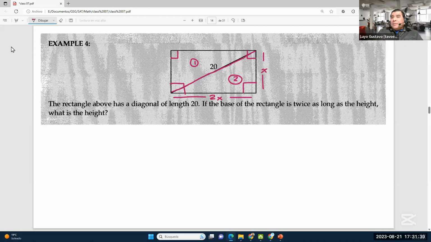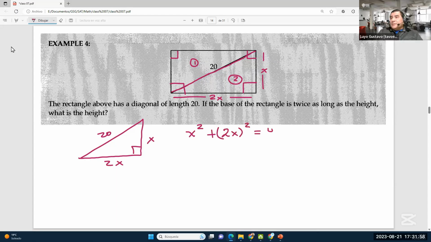If we think about this triangle, I will draw it apart, 20, x and 2x. So it must be true that the sum of the squares of the lengths of the legs, that is x squared plus 2x squared, equals 20 squared, which is actually 400, right?